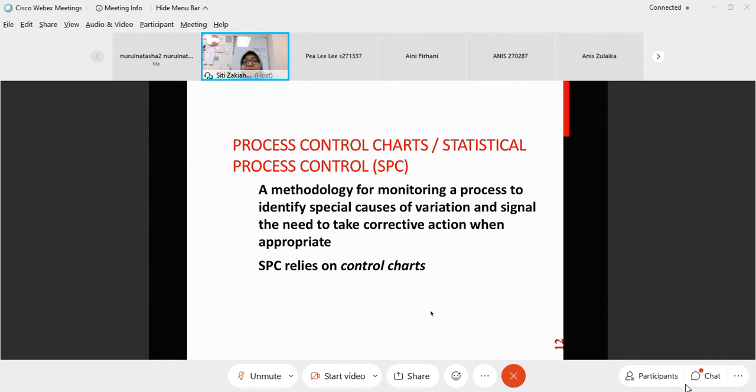Jadi apa yang kita produce for that day, kena buang. Right? So, kalau kita dah jumpa non-random variation, we have to take corrective action. Kita kena macam mana nak reduce the non-random variation.